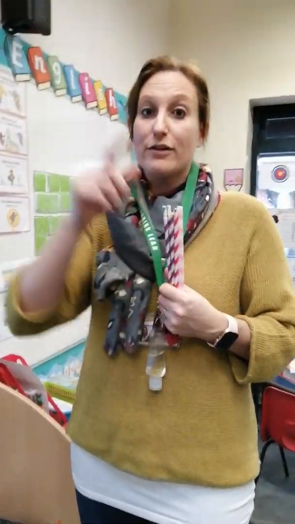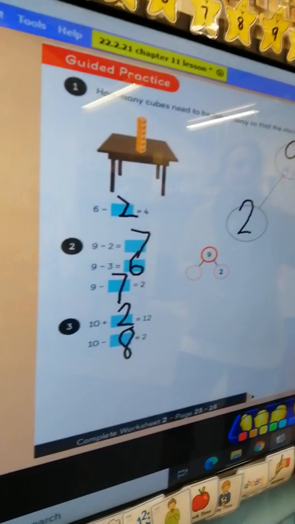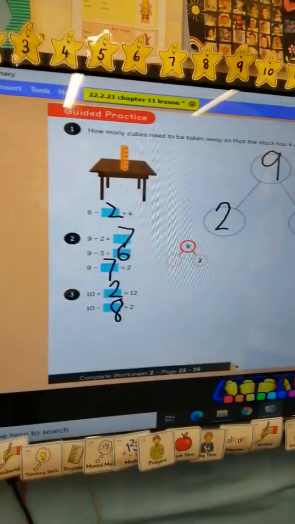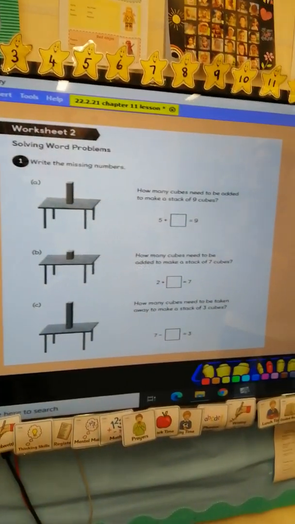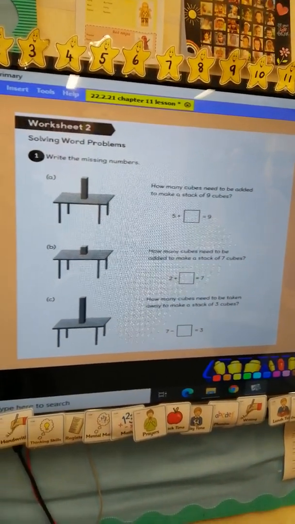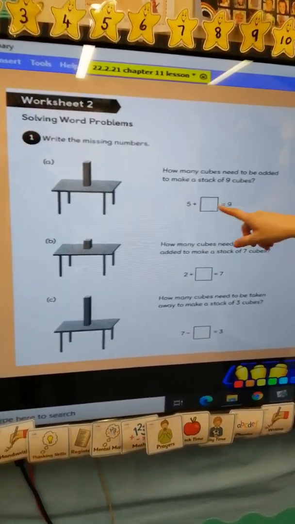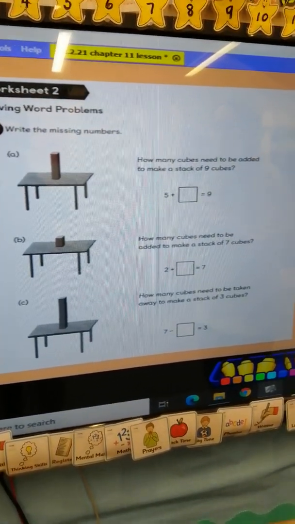Remember we talked about how those facts are all related to one another. Okay, now you're going to go into your workbook on page 25 and page 26. It's worksheet number 2. It looks a little bit like this. What you're going to do is solve the missing number problems. 5 and what makes 9?